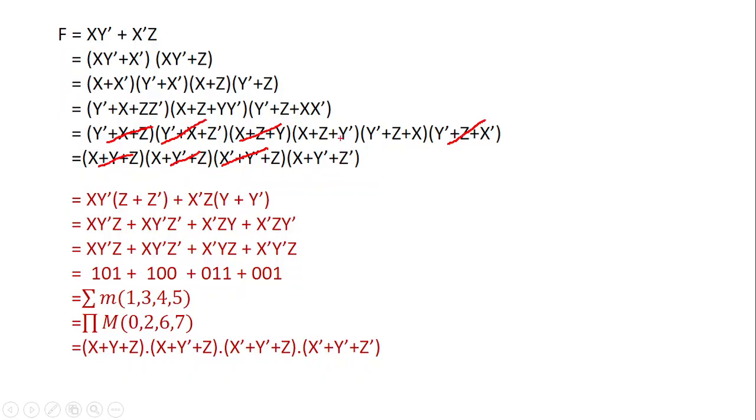If you look at this particular term, x y bar z, and compare it with the others, where is this x y bar z? It is already there. So this term is done.